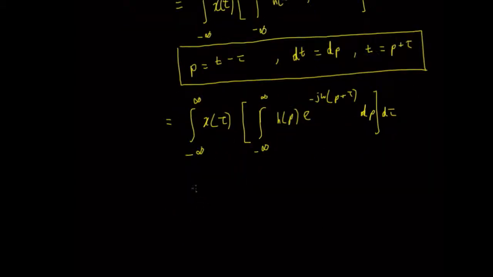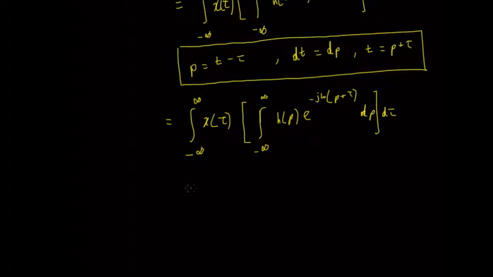So now what we can do is separate these out, because we can see that this e to the minus j omega tau is not a function of p, so we can take this outside the integral sign. All that will be left in this integral is e to the minus j omega p, because that's obviously a function of p.